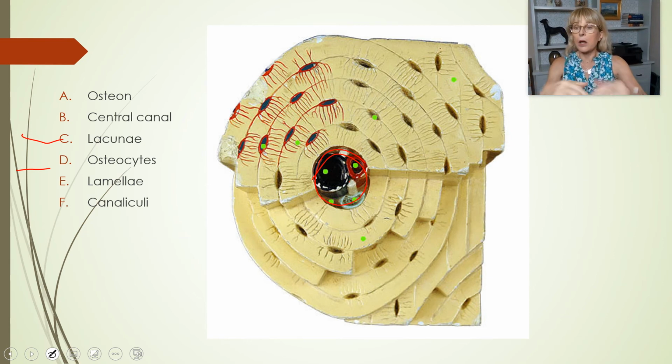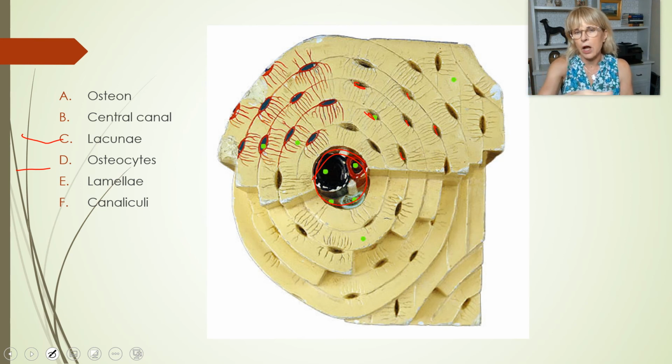Okay, lacuna and osteocytes. Let me be clear. If this particular model were sitting in front of you on your table, you would notice that these things right here and here and here and that guy and that guy and that guy are little holes. They're little holes in the hard matrix that makes up the non-living part of every bone. If you found a bone laying on the side of the road because someone chucked it out after eating chicken or something like that, those cells are all dead now.